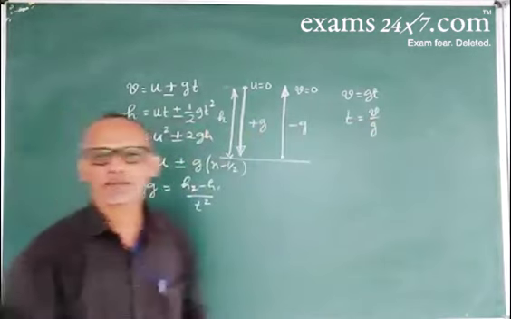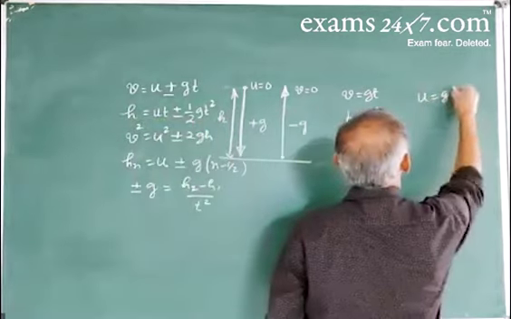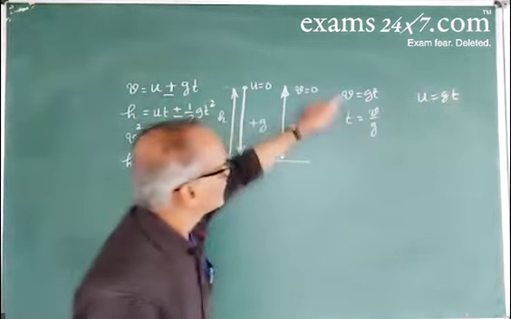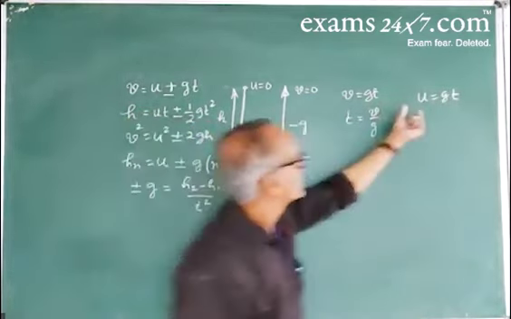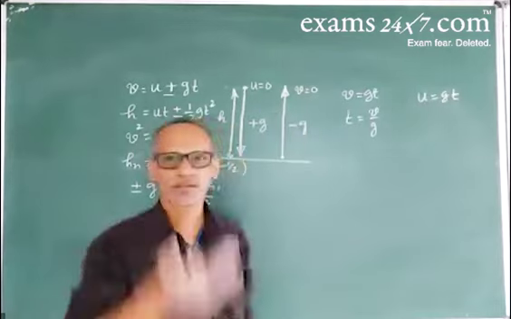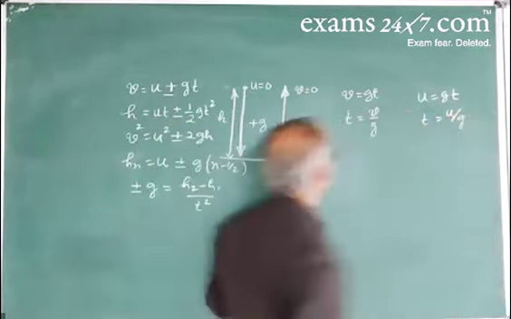So what about a body which is thrown upward? The format is the same, which is u is equal to gt. In the free fall case, v is the final velocity with which the body reaches the ground. Here, u is the initial velocity with which the body is thrown upward, or t is equal to u by g.